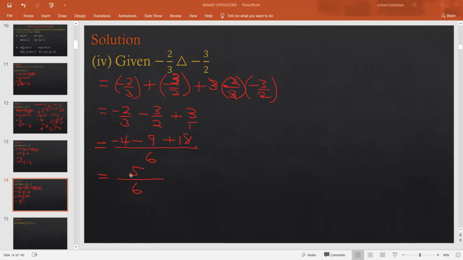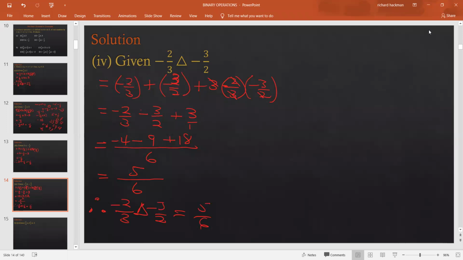So just take the LCM, then work with it. Thankfully, what we have there is already a proper fraction. So you go and draw your conclusion. Therefore, never forget your conclusion. Minus 2 over 3 delta minus 3 on 2 is equal to 5 on 6. Is my point well made?